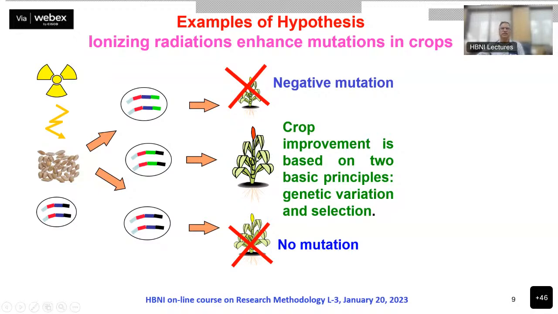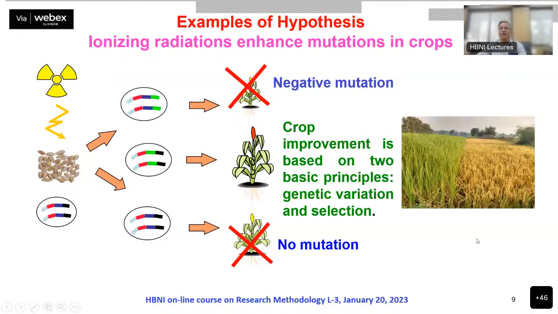What are the traits? Early maturity, higher yield, resistance to diseases, even plant height. You may like to have a dwarf variety of the plant. You can select, then multiply five to six times before the genetic changes get stabilized. So this is the kind of experiment, and I'll show you one of the examples of this.